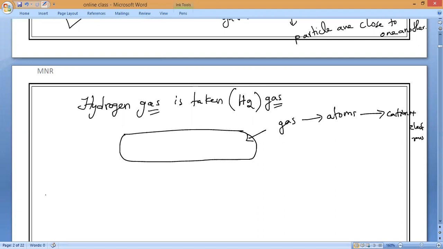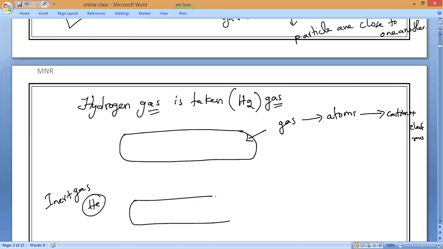But if you take an inert gas, for example helium, He, in a discharge tube, it directly converts into cations plus electrons. That is the difference between normal gases and inert gases.